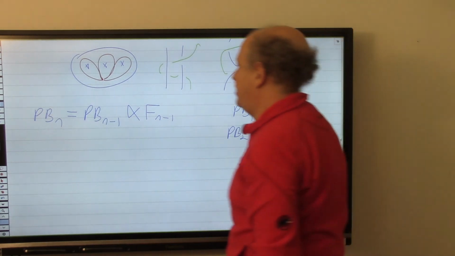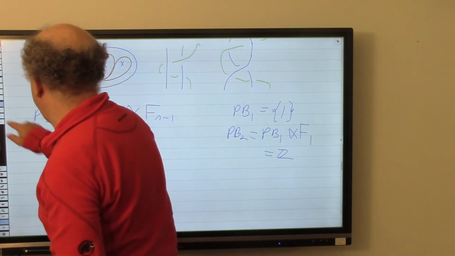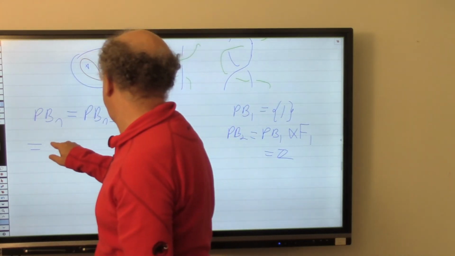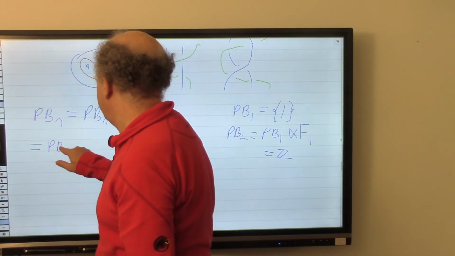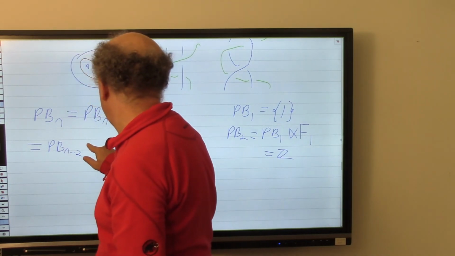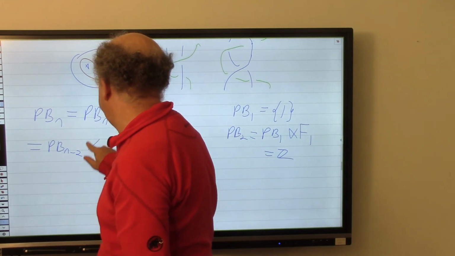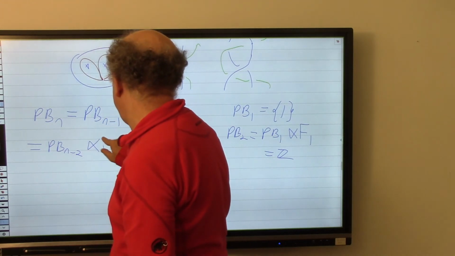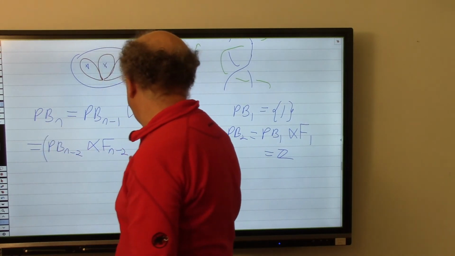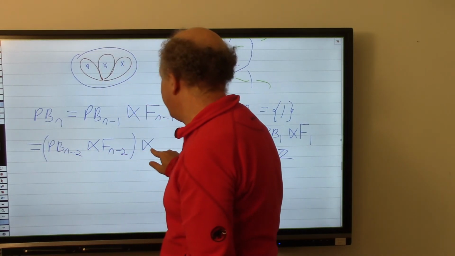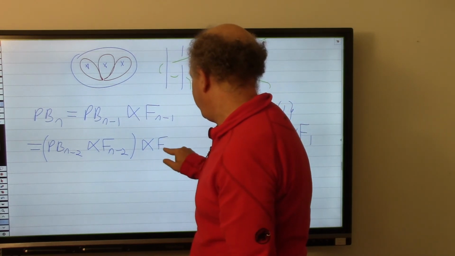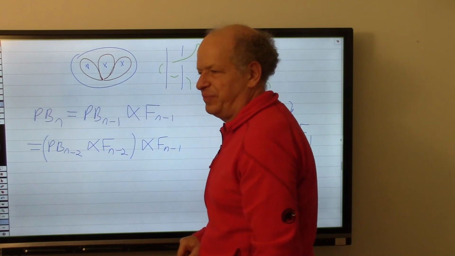So now I can do the induction. So this is PBn minus 2 semi-direct product F n minus 2, all of this semi-direct product F n minus 1.